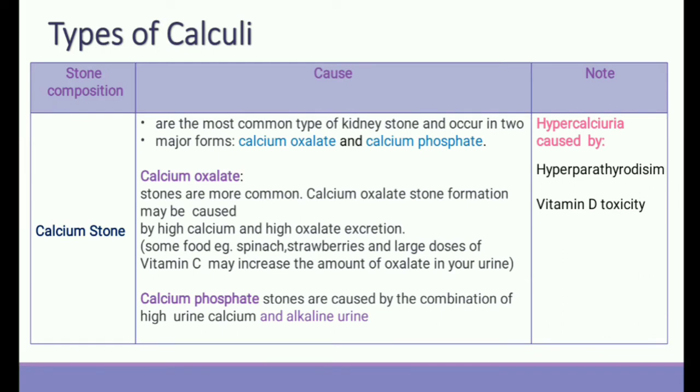Let us discuss types of calculi. So we have 5 different types of kidney stones. First one, calcium stones. Calcium oxalate stones are formed in acidic urine due to increased amount of calcium and oxalate in urine.